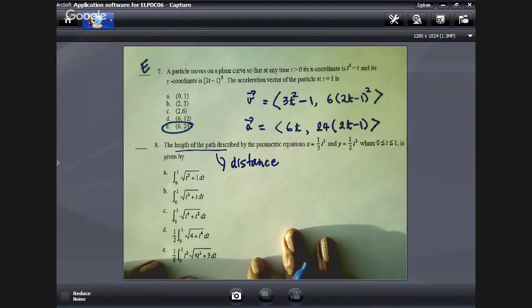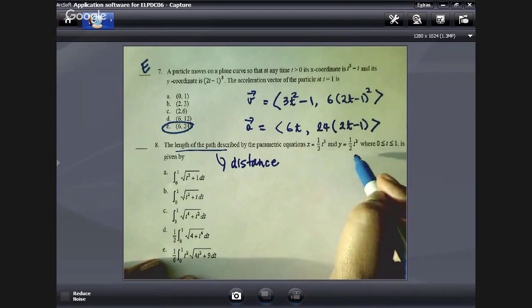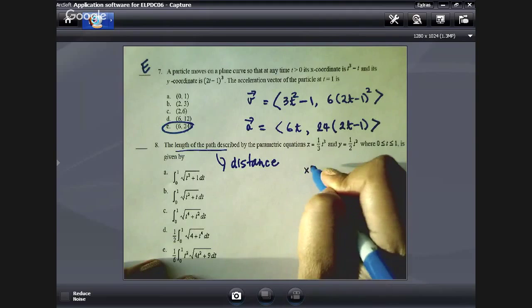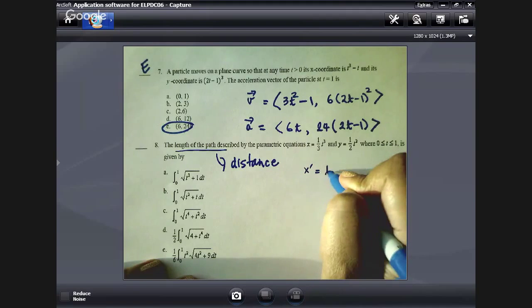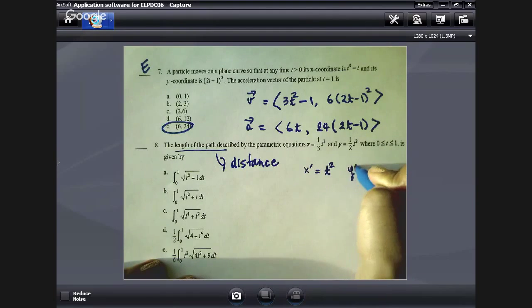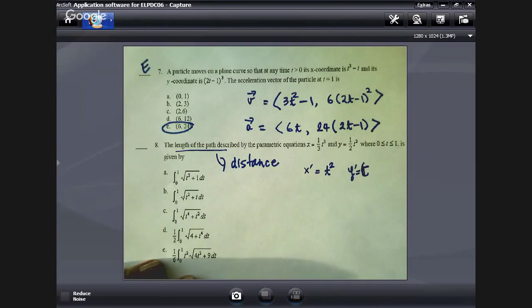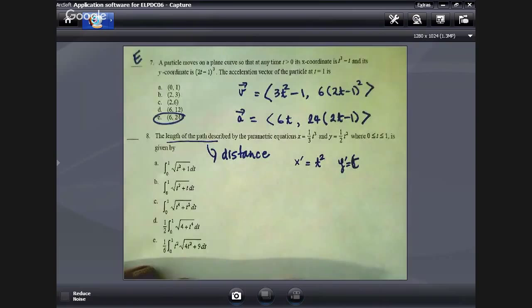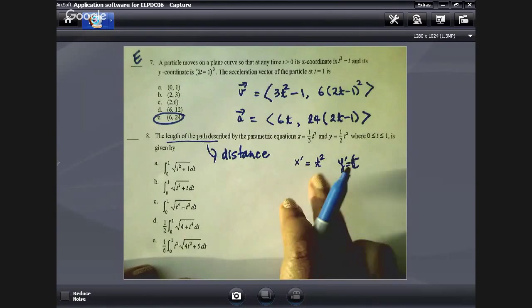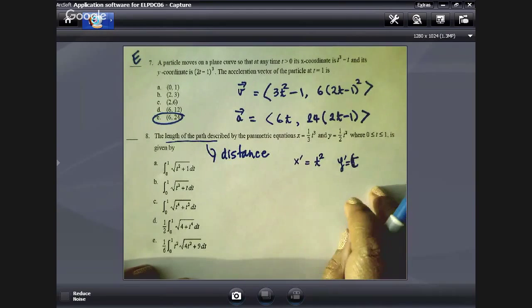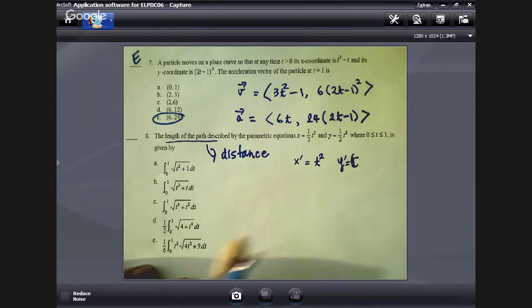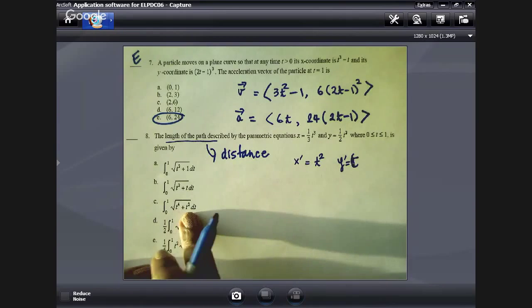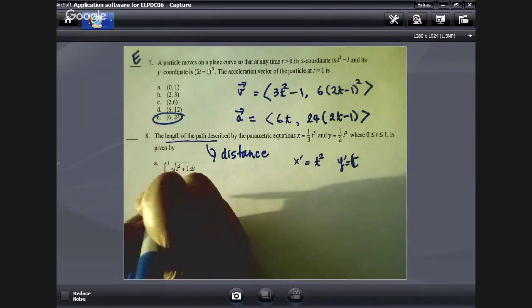So the length of the path is, well, these are the positions, the derivatives, x prime and y prime would look like that. So we want to take x prime squared plus y prime squared, take the square root of that, t to the 4th plus t squared, from 0 to 1.